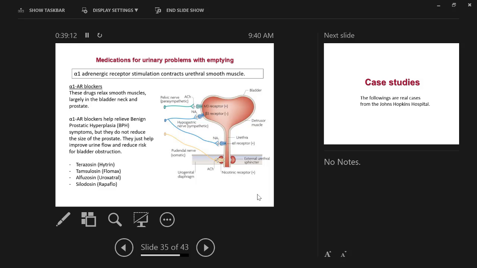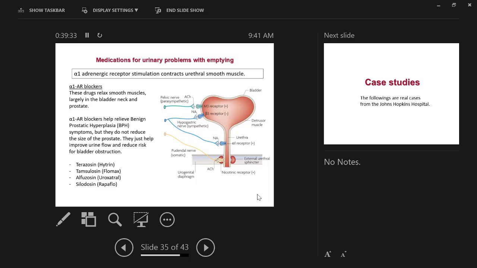So if you give the patient this drug, you have to ask the patient, do you have any dizziness or anything? If you stand up quickly, are you okay, or those kinds of things. If you're a good doctor, you have to care about those side effects.